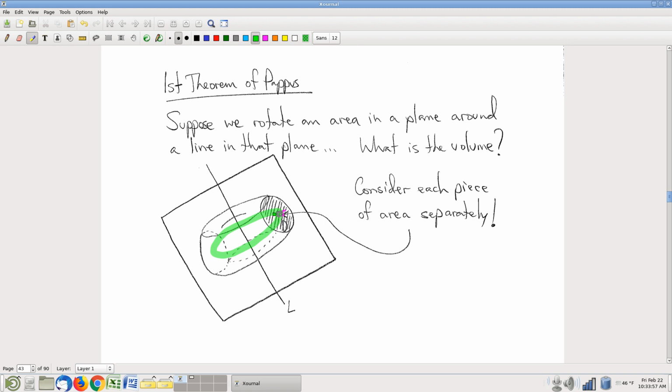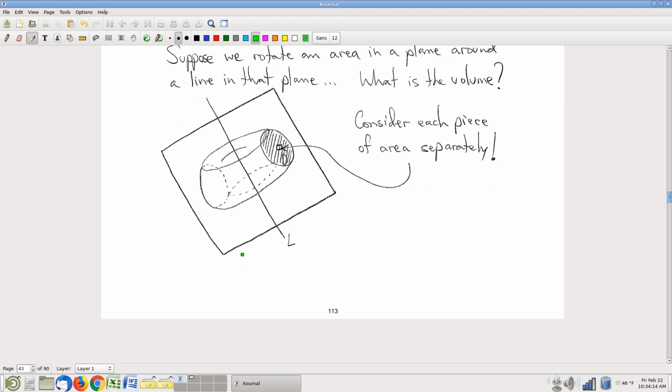But if you were to take each little piece of area, rotate each one separately, independently, to create an onion ring, if you add up the volumes of all those onion rings, that'll give you the total volume of the donut. Yeah? Plausible? Okay.